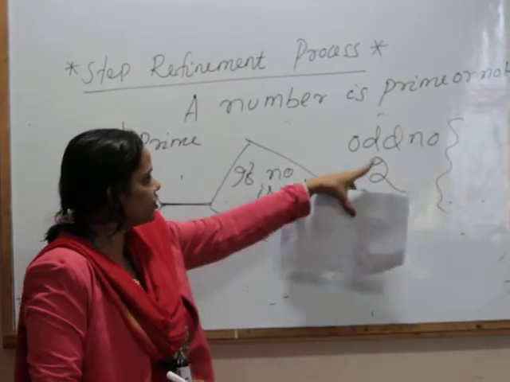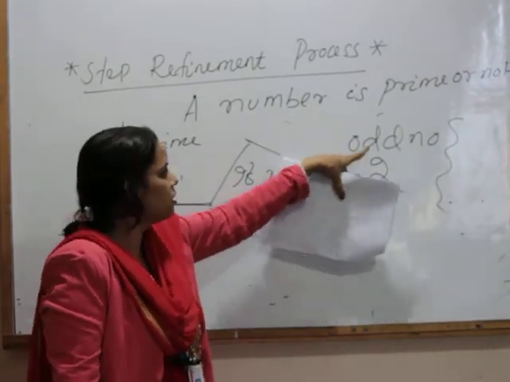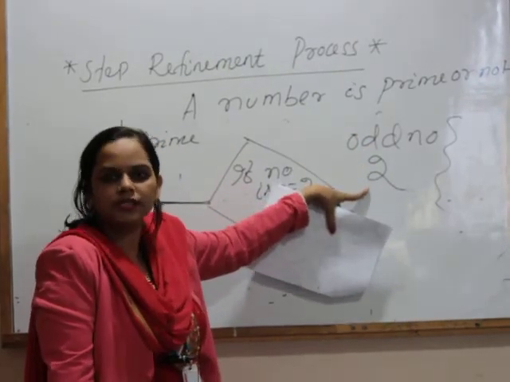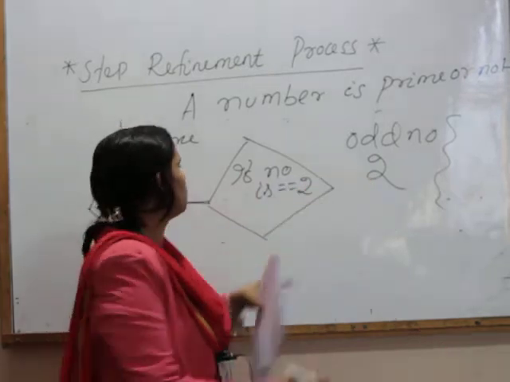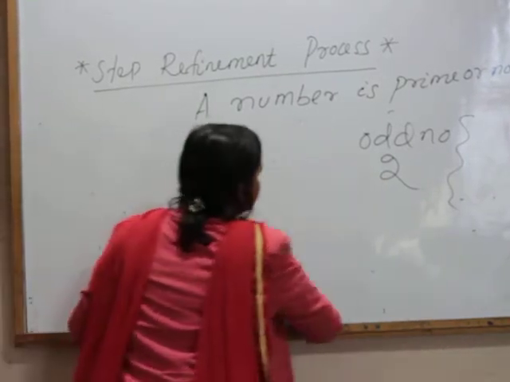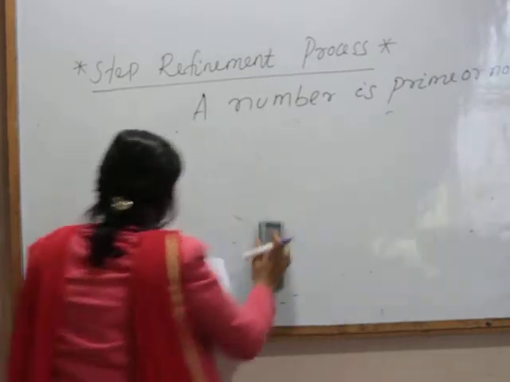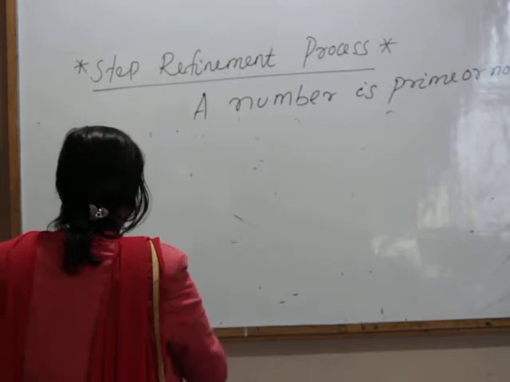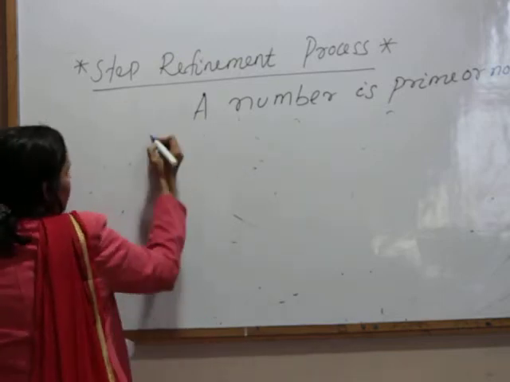So now we have to check whether the number is prime only for numbers which are odd. Then we check that if it is 2, it is a prime number, because you already know this. Next we can do the next refinement. Suppose the number n is given to you.